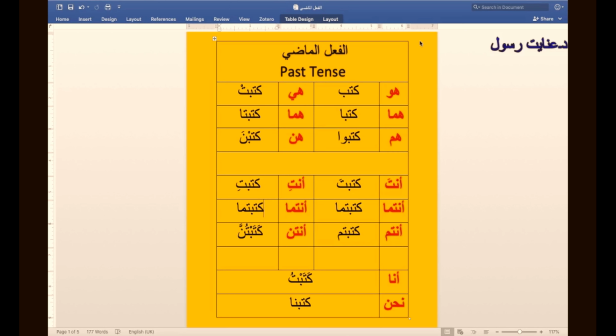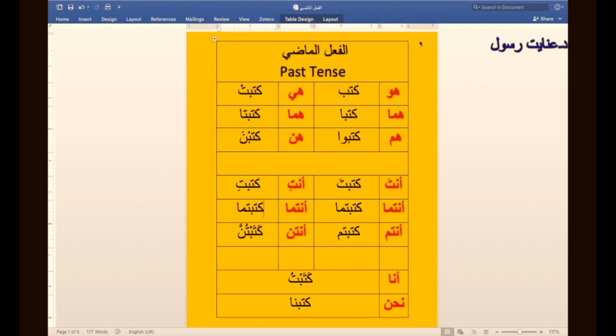While in the present and the future tense, that is al-fi'l al-mudari, let us see how these changes occur. How does the basic root actually take different forms according to the pronouns, according to the number and gender of the one who is performing the verb?